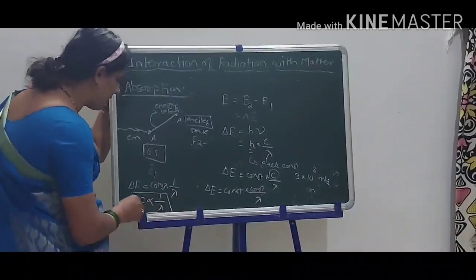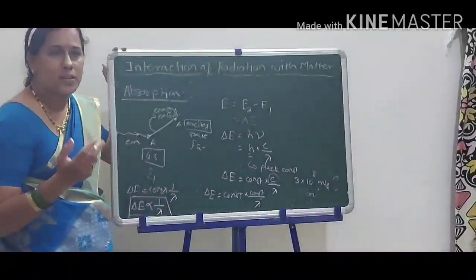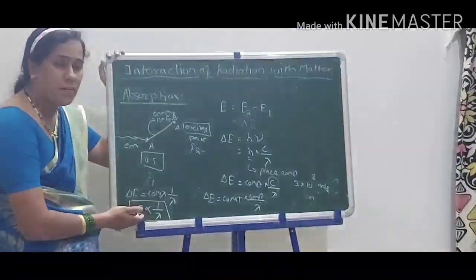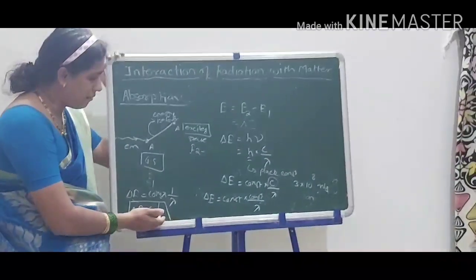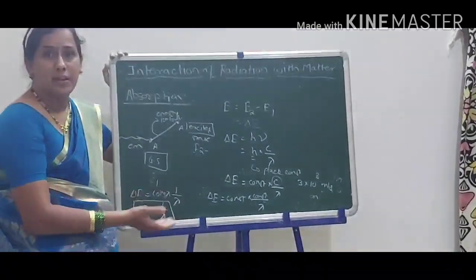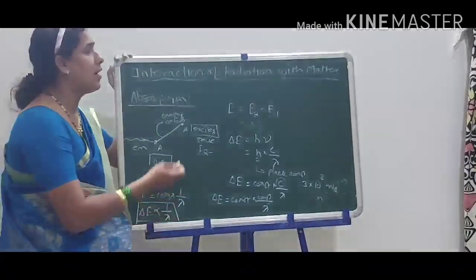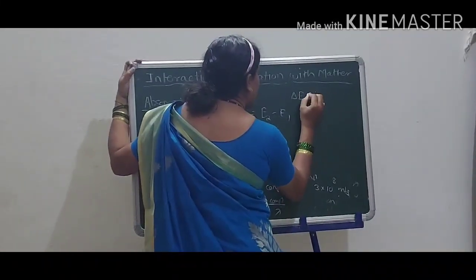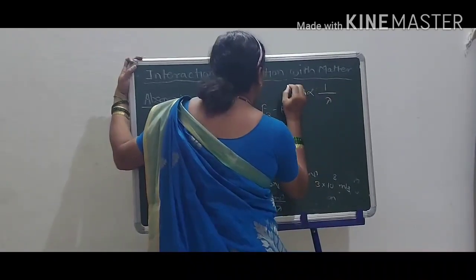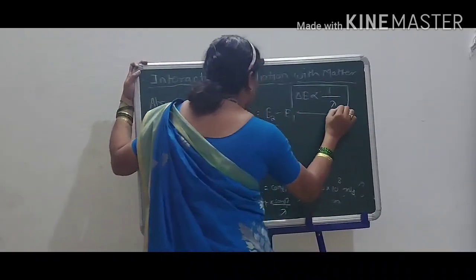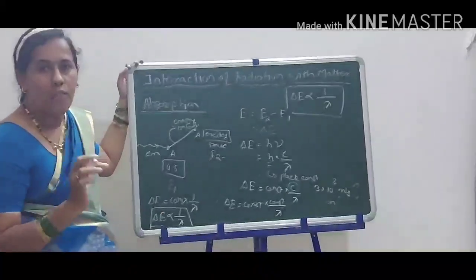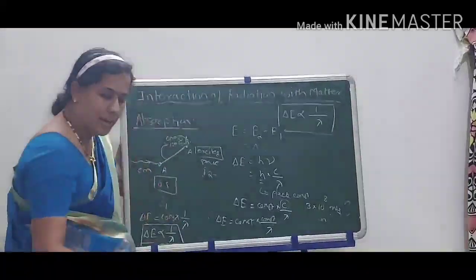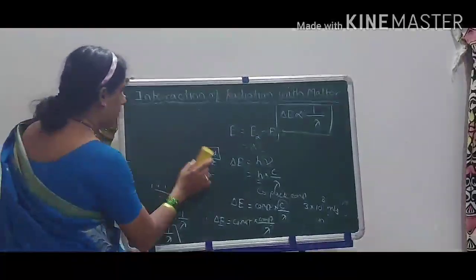And this is the final relation: when the electromagnetic radiations are absorbed by the atoms or molecules, whatever the energy, if at that time the wavelength decreases, energy and wavelength are inversely proportional to each other. That is, delta E is proportional to 1 upon lambda, where lambda is the wavelength of light absorbed by the atoms. Okay. Now the next criterion is the emission.